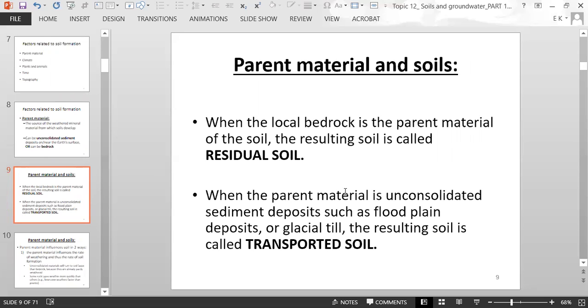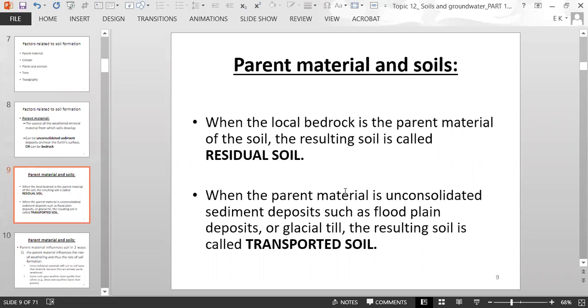When the parent material is unconsolidated sediment deposits that were brought from somewhere else, such as deposits that you might find in a floodplain, because in a floodplain, the deposits came from further upstream. And then again, during a flood, the deposits would end up in the floodplain area.